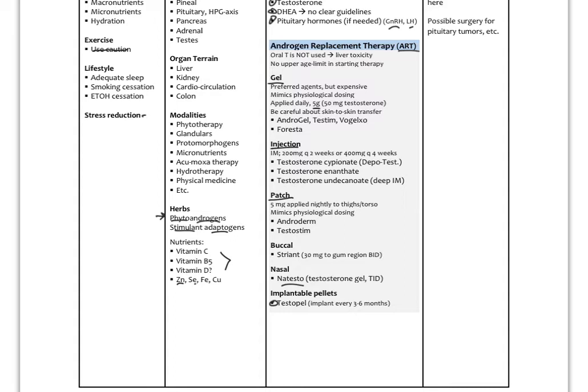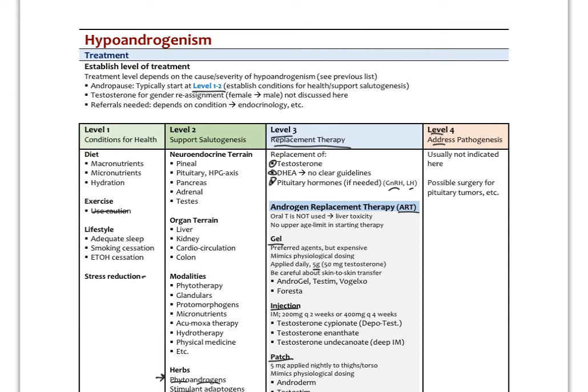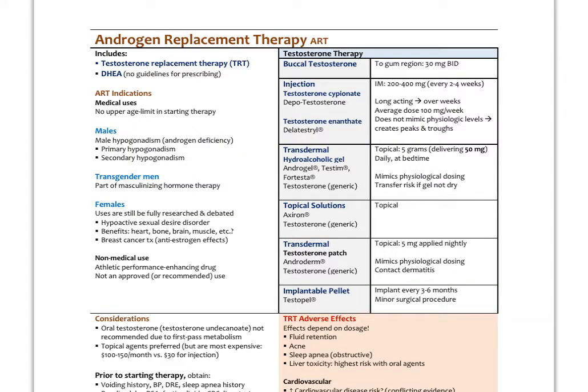So I've had several patients really claim that they improved after they received the implantable pellets. All right, so that would be an overview of androgen, kind of for hypoandrogenism, how we might think about using the therapeutic order to support that.